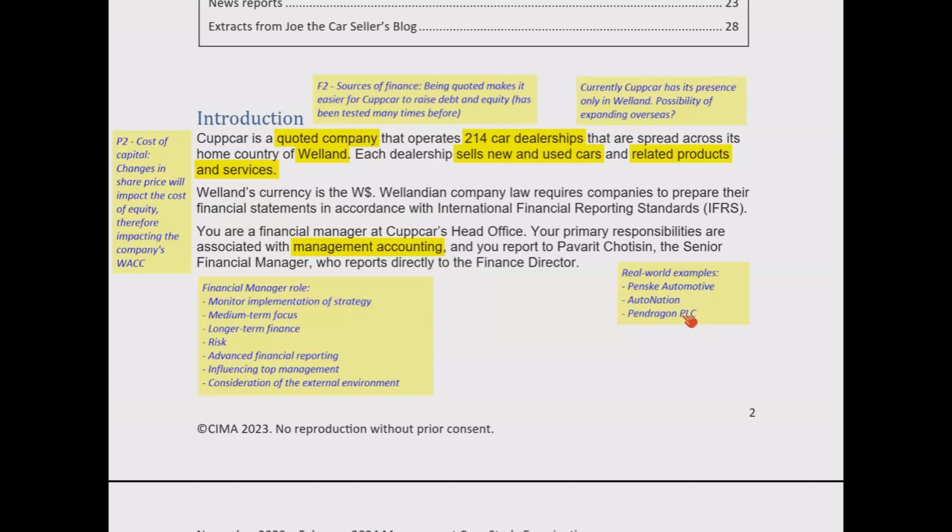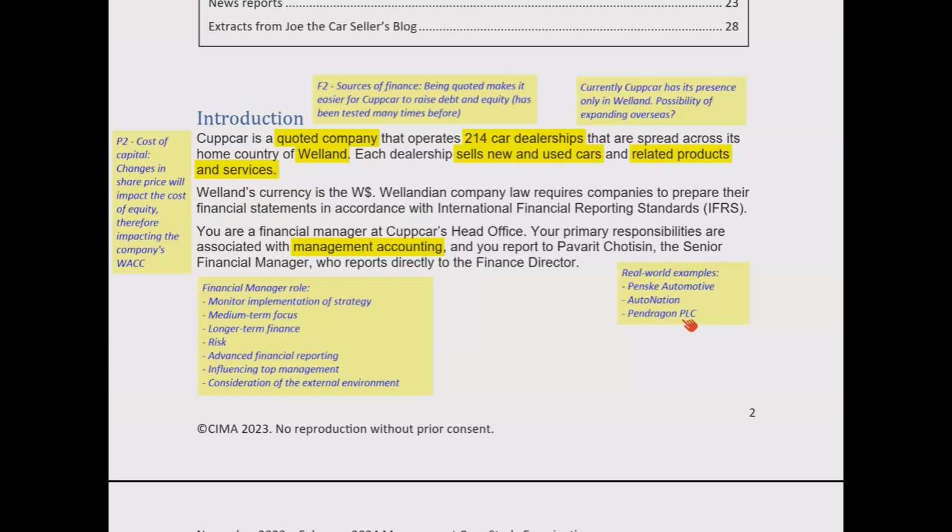Pendragon is a UK-based car dealer. It has agreements with 21 different car manufacturers. And later on, when we get a bit further, we will see, when we look at Cuppcar itself, the different manufacturers that it has agreements with, that it sells their makes of car. Pendragon is interesting because it's acquired a lot of other dealerships within the UK. It's been very active at acquiring dealerships.